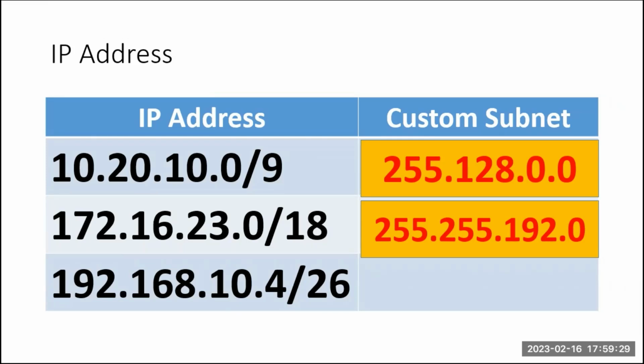Just erase what is there. So for this one, you need 26 bits turned on. 1, 2, 3, 4, 5, 6, 7, 8. 3 8s, 24, 25, 26.